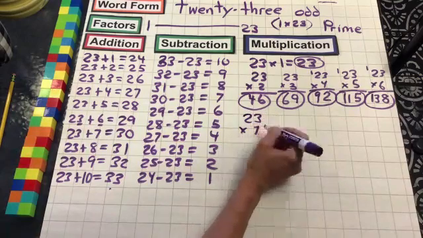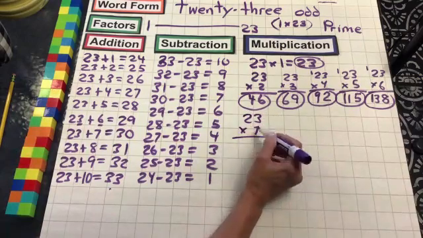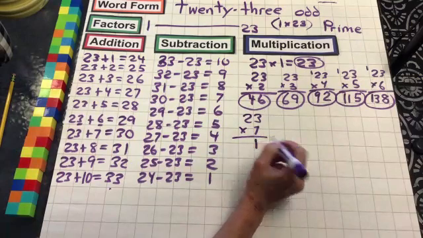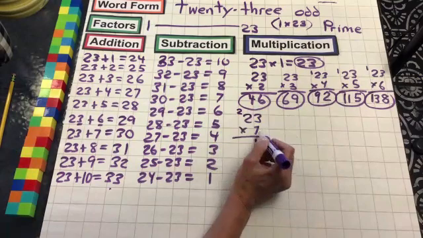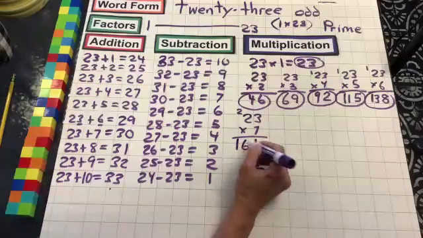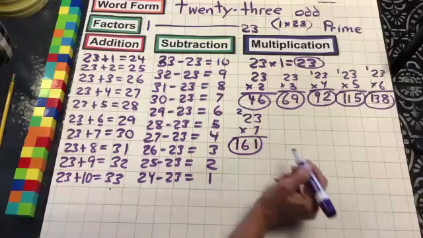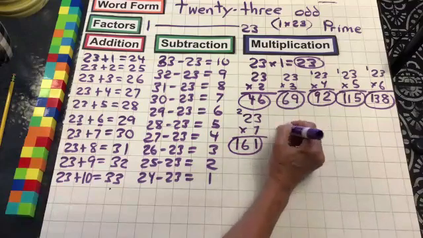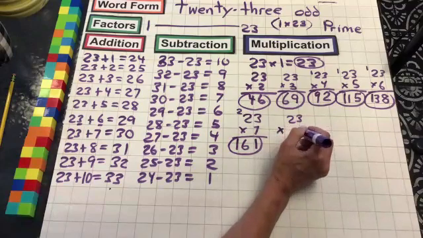23 times 7. Looking at your paper, 7 times 3 is 21. Drop the 1, carry the 2. 7 times 2 is 14, plus 2 more is 16. So 161 is how much 7 23s are. Let's go on to 8 23s.